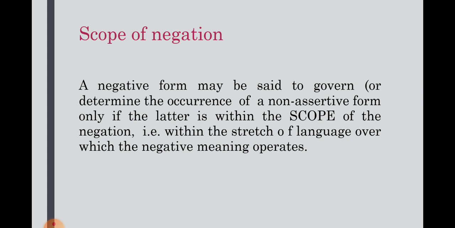So when we have a negative word or a negative morpheme, this would affect either the whole sentence or part of it. This stretch of language that is affected by the negative word or negative morpheme is what we call the scope of negation.